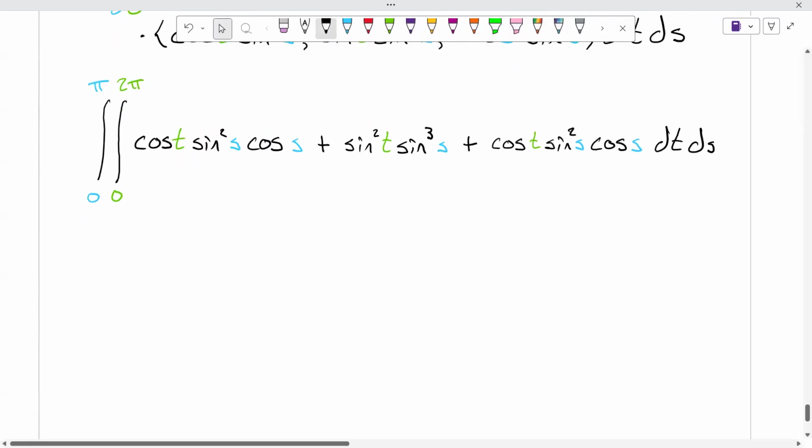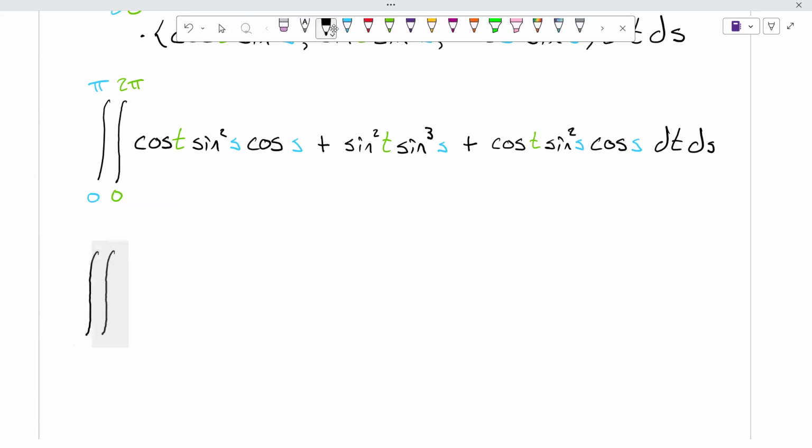Notice that if I do my theta integral first, I get to simplify a lot of stuff, right? There aren't that many t's. So the theta integral looked like it'd be easier. So I'm going to integrate cosine t over its full period. That's 0. So that first term doesn't matter. Plus sine squared t over its full period.